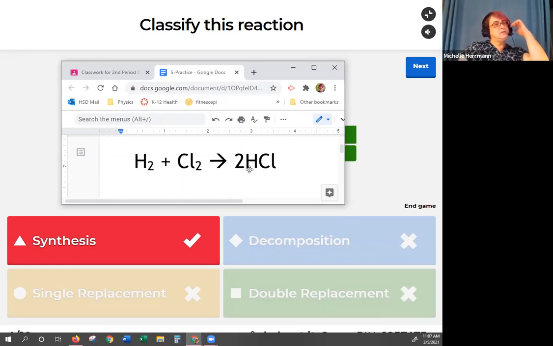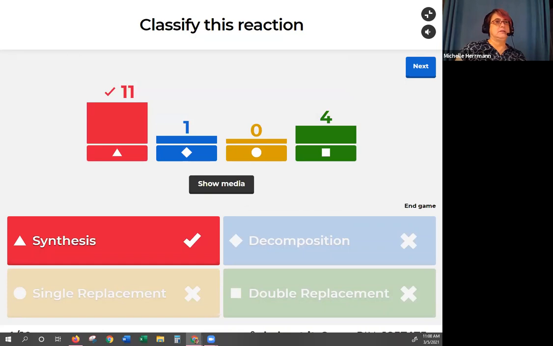I see a lot of answers with double replacement, and I'm going to say that's not a terribly bad answer. I mean, I do have a pair of hydrogens and a pair of chlorines, and they are switching partners. So they each end up with one hydrogen and one chlorine. I could see that. But this is more accurately called a synthesis reaction because it has one product that I'm making. All right, move my picture off the screen. Let's go to the next one.